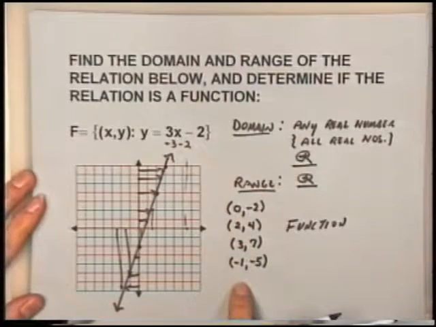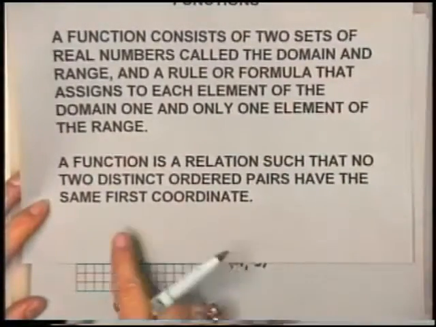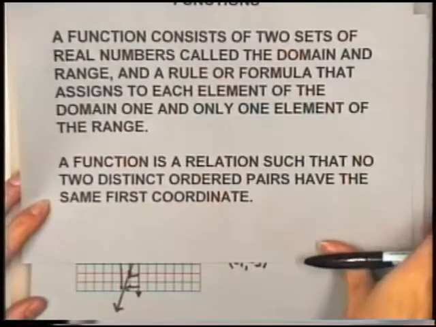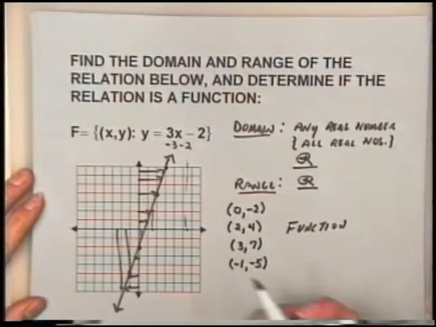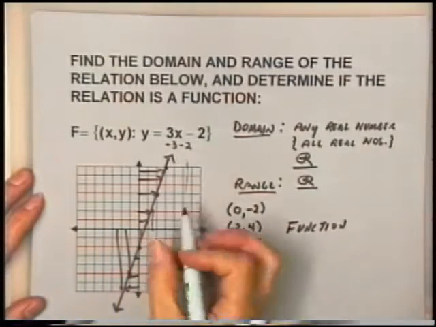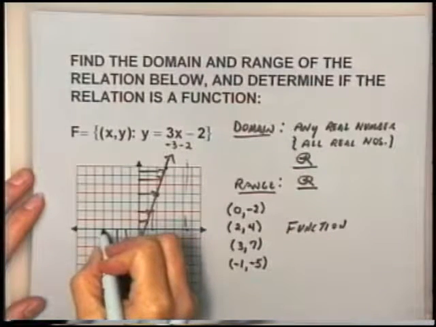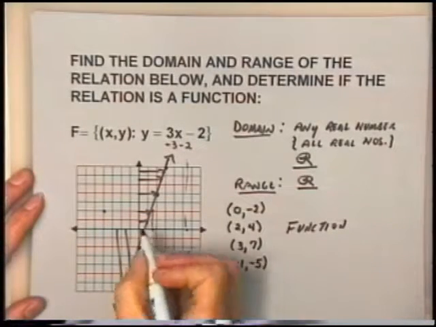Did I have any ordered pairs where the first coordinate was repeated? Recall that in your definition, if I have two different ordered pairs, they cannot have the same first coordinate. If 2 points have the same first coordinate, let's say we have the x coordinate of -4 and the y coordinate of 2.